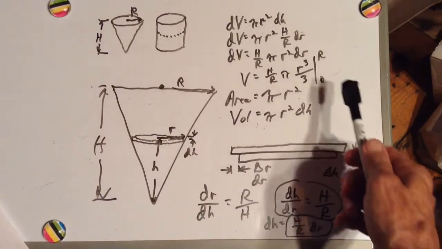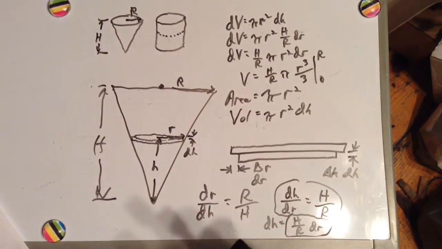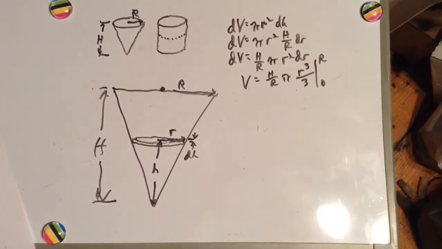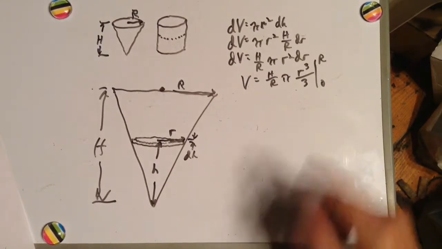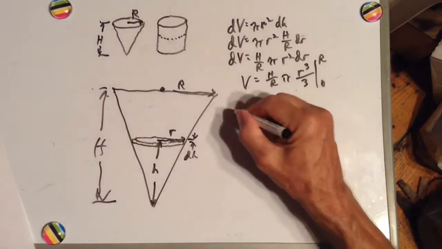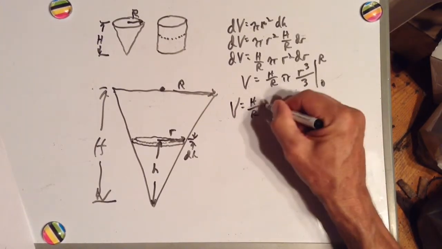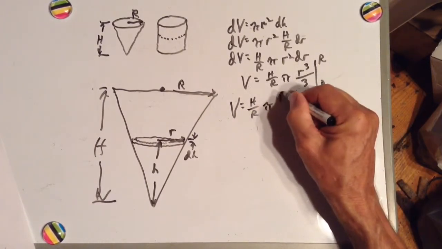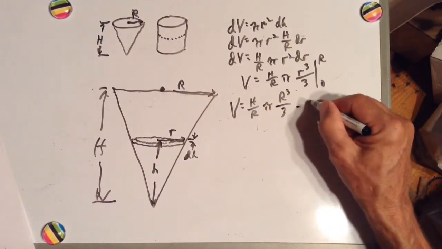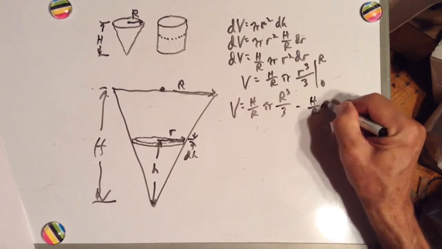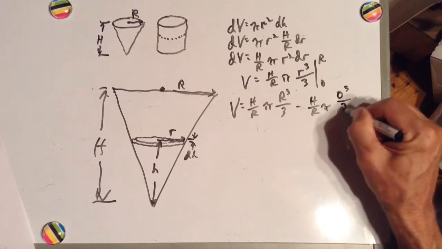And we have V equals, let me erase some stuff. So now we plug capital R into the little r spot because that's our limit of integration. We have V equals capital H over capital R times pi times capital R cubed over 3 minus capital H over capital R times pi times 0 cubed over 3.